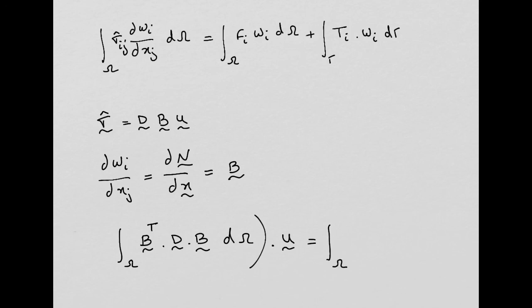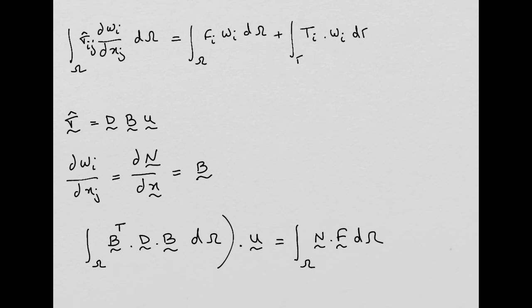With the Galerkin method, the weighting function is equal to the shape functions times the force vector. And the other one is in the boundary. Again, using Galerkin, the weighting function is equal to the shape functions times the stress vector.